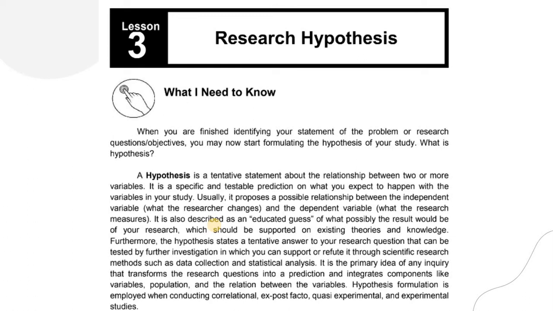Pero part by part, there could be a little difference. Like for example, merong mga school na ang theoretical framework nila ay nasa chapter 2. Although most of the time it should be in chapter 1. So ayun, again, what we're saying here is that you have to really check the manual of your school and make sure that what you would have would be a hypothesis and not an assumption, vice versa.